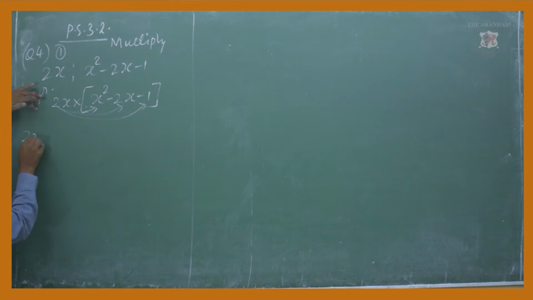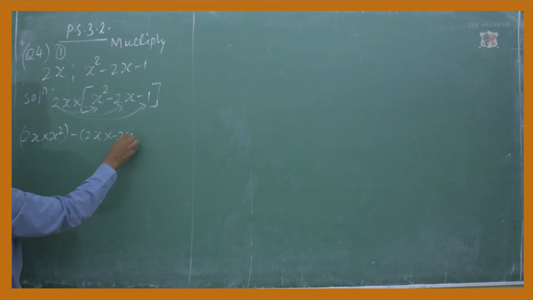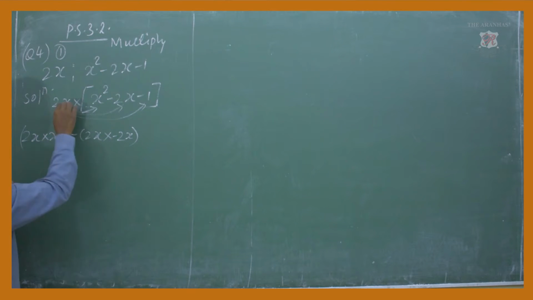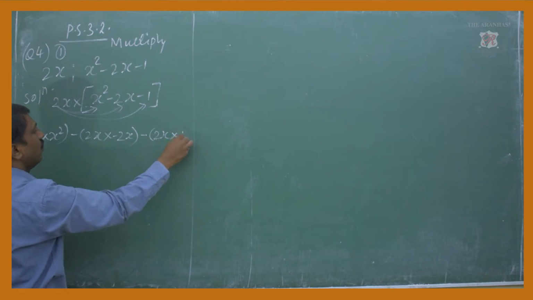So here this is 2x into x square, the sign is minus, so minus 2x into minus 2x, then again the sign is minus, 2x into 1.